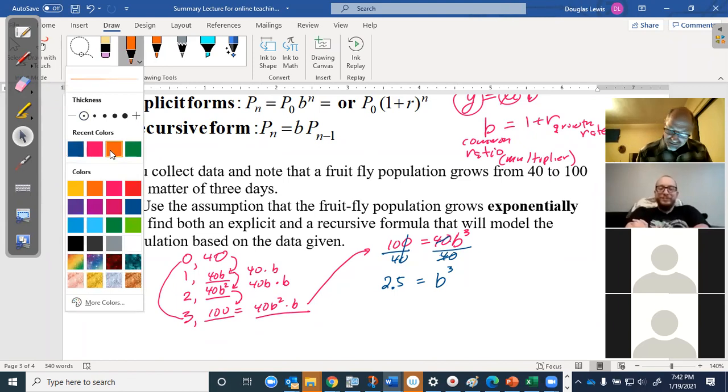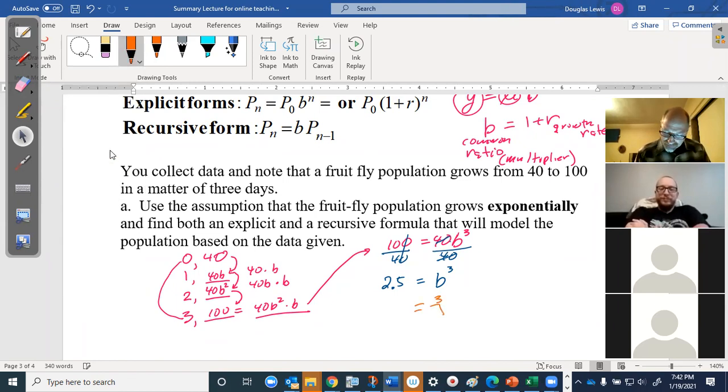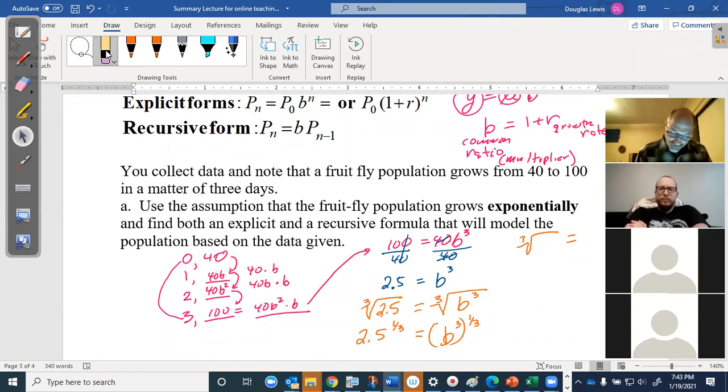Now we're going to take the cube root of both sides. And I'm going to show you guys, by the way, cube root is the same as the 1/3 power. These are interchangeable. The cube root of x is x to the 1/3 power.